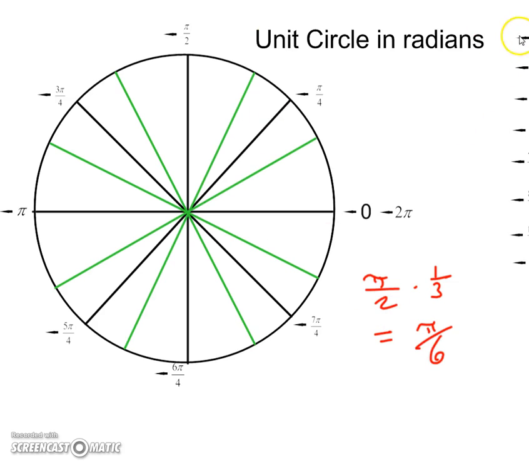So this 30-degree angle right here in radians is the same as pi over 6. And now I can count by pi over 6's. This is 1 pi over 6, 2 pi over 6, which will reduce to pi over 3.